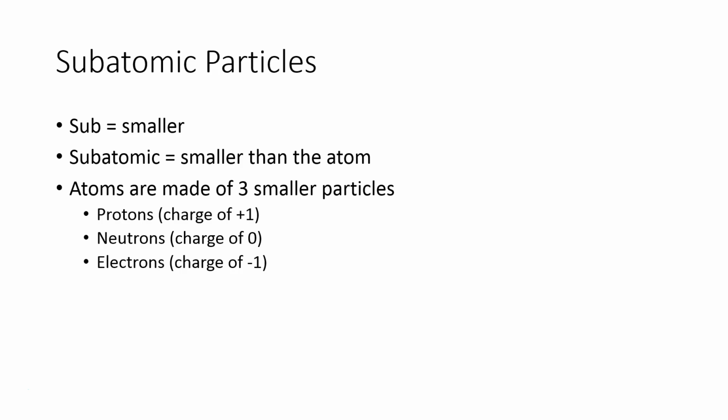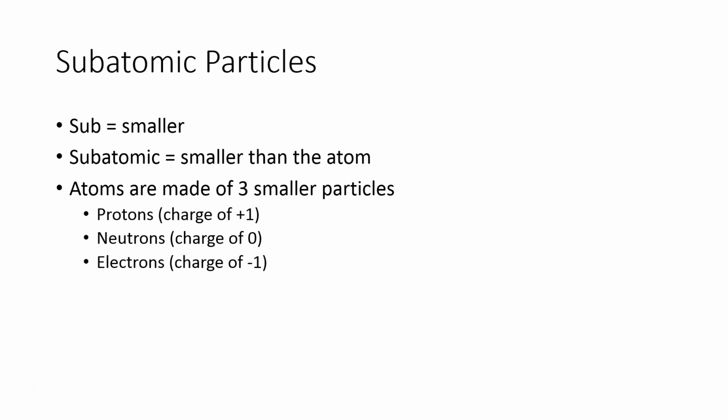Now, as I said a second ago, there are 3 types of subatomic particles that work together to make up an atom. The first one is the protons. They have a charge of +1. The second is the neutrons, which are neutral. They have a charge of 0.